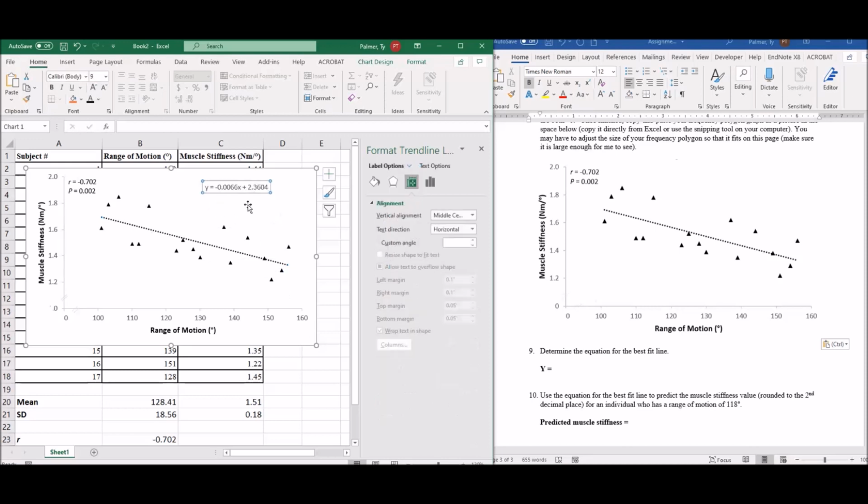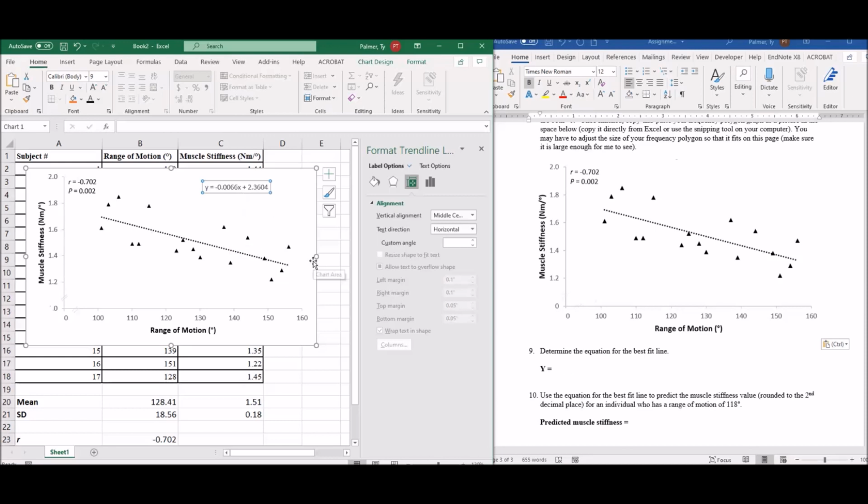This equation right here is the equation for the best fit line. This is the equation that you're going to use for prediction. And so this is basically our answer for question number 9.